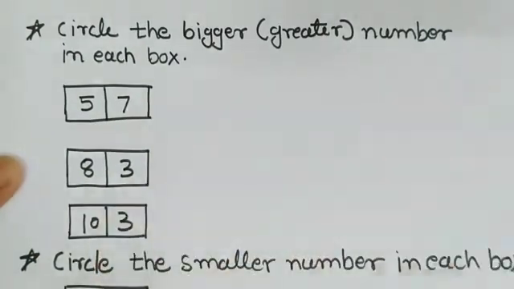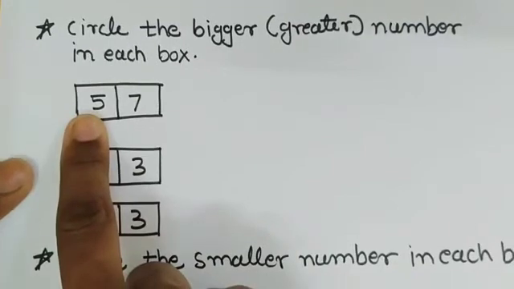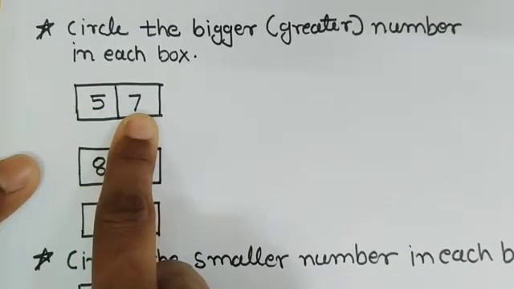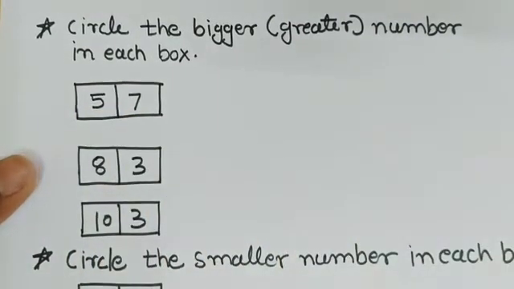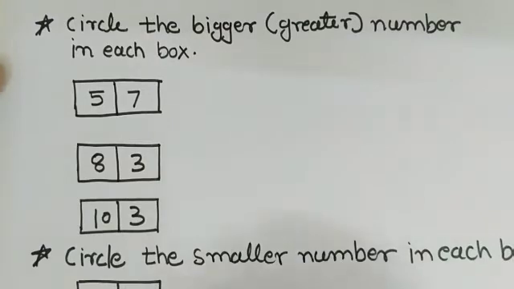So you have to find out of those two which one is greater. So here we have 5 and here we have 7. Now we will learn how to take out the greater number without the help of drawing. We are not going to draw any picture.